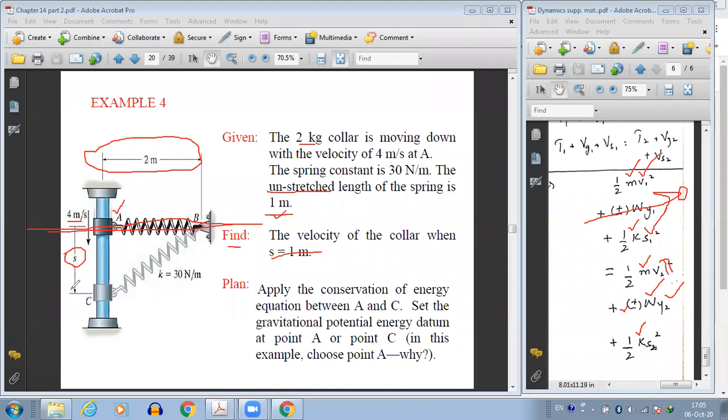We know that S is equal to 1 meter and this length is 2 meters. So we have the perpendicular and the base, and we can find the hypotenuse. The hypotenuse is going to give us the total length. Total length minus unstretched length is going to give us S2. So S2 is hypotenuse minus unstretched length, which is 1.